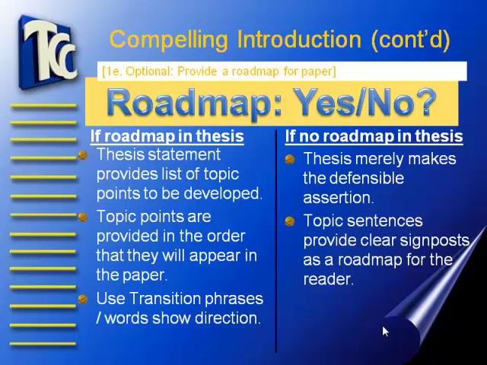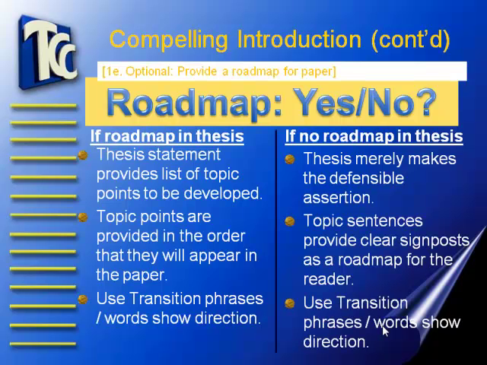Now you want to make sure that your topic sentences really help the reader figure out what is going to be next, and that this is the next point, and this is the argument that is moving along with the next point. And so you need to do that with that roadmap in the topic sentences. Again, use those transitional phrases and words to show the direction of the paper.